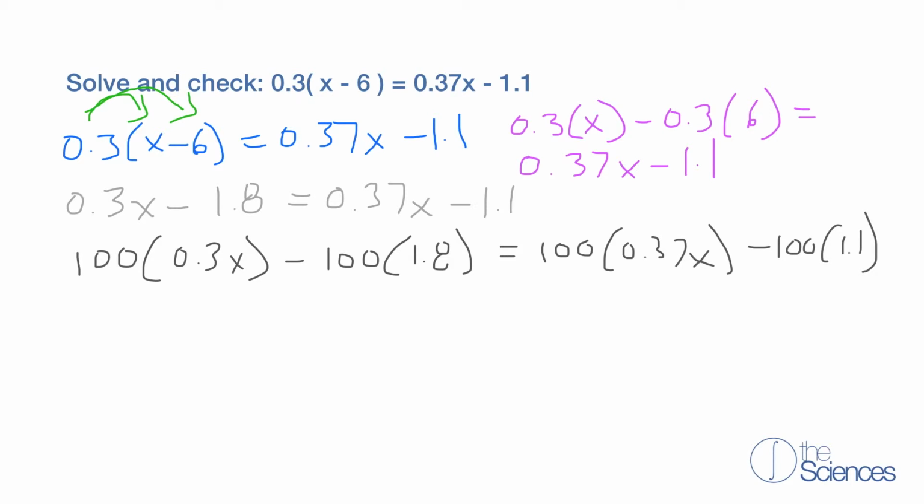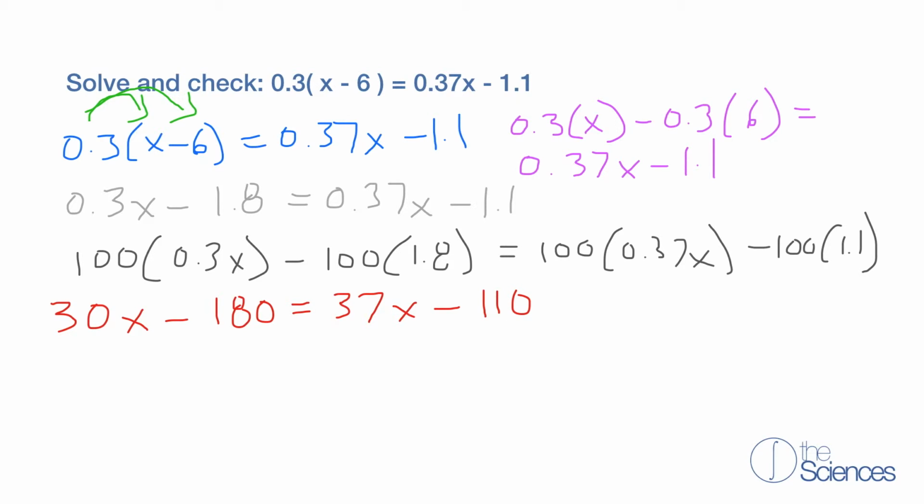So now when we multiply, we get 100 times 0.3 is 30x minus 100 times 1.8 is 180 equals 100 times 0.37 is 37x minus 100 times 1.1 is 110.